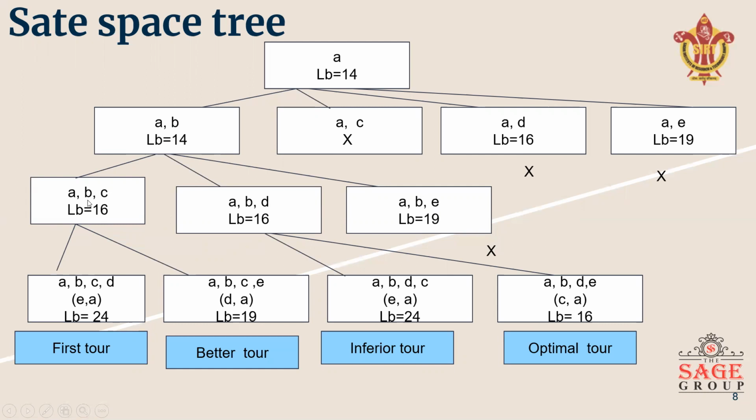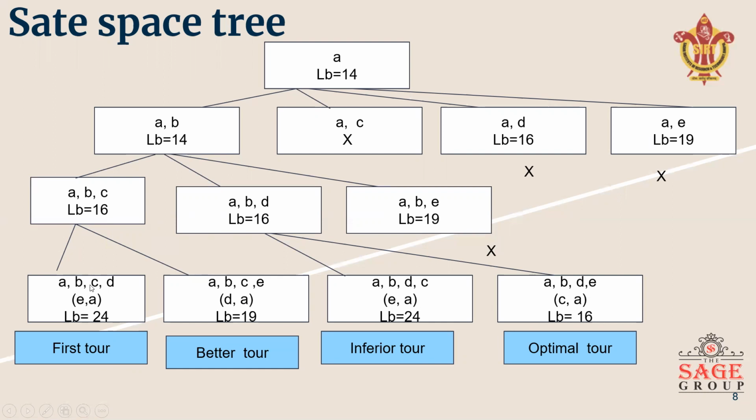So A to B we have traveled up to now, and from B to C we have traveled up to now. In all these three, we can see that we have two lower bound values, that are 16 and 16 here for this C node and D node. So we will calculate both of them further.